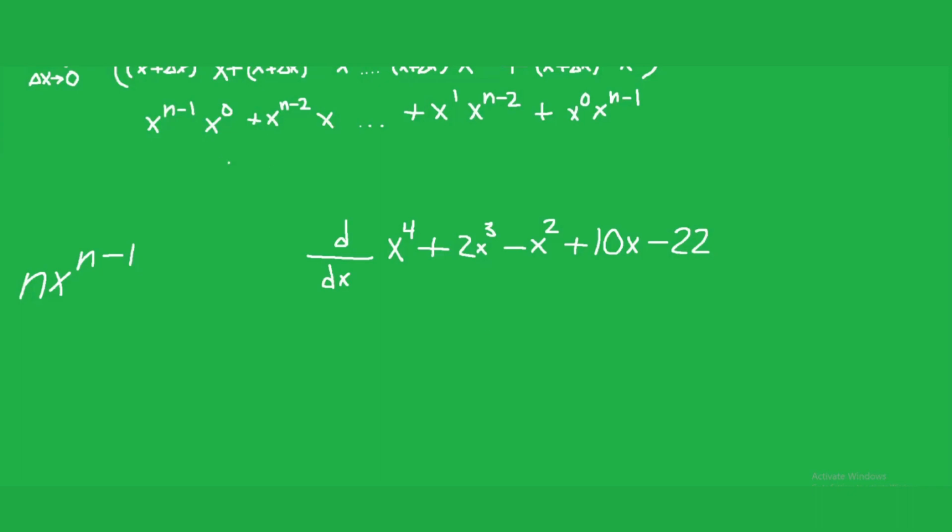So if we look at this, let's start at the very top. The sum rule tells us that all of these will be split into their own derivative. The derivative of a sum is the sum of their derivatives.